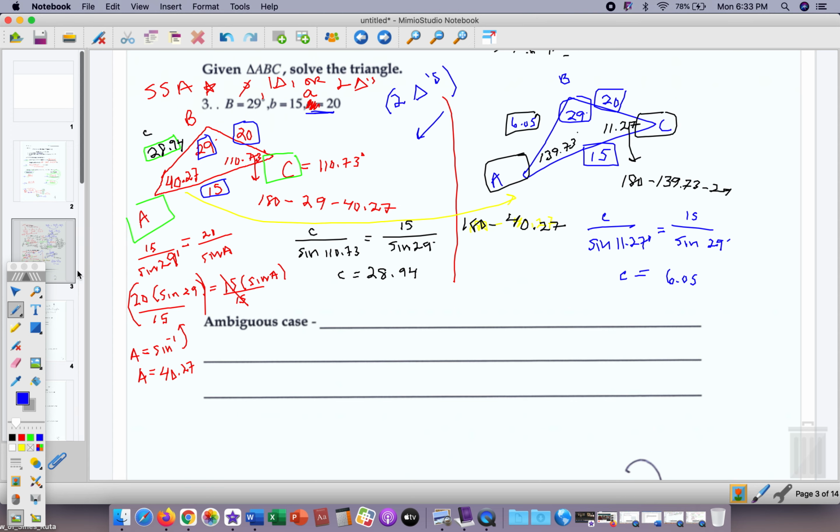And that's because we're only given one angle, right? If you're given two angles, there's only one option for the third. But if we're given one, then we have to consider the two different triangles that can be created.